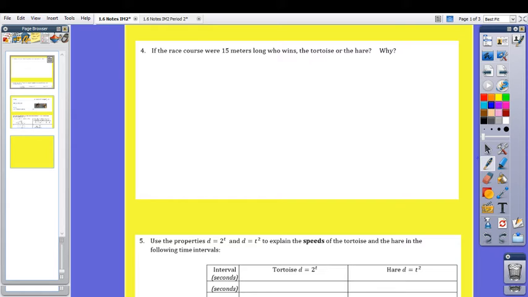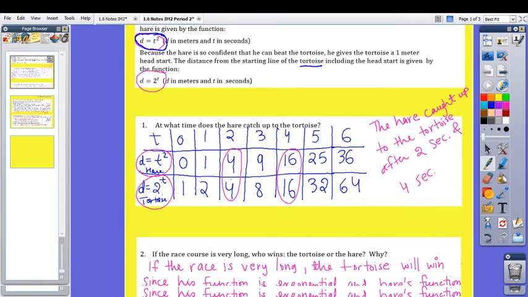Instead of figuring it out all over again, if we come here, look how it is telling you that when t equals 3, the hare was at 9 meters and the tortoise was at 8 meters.